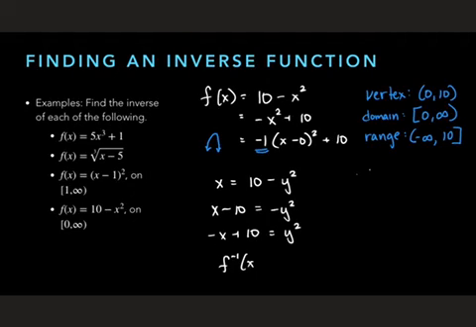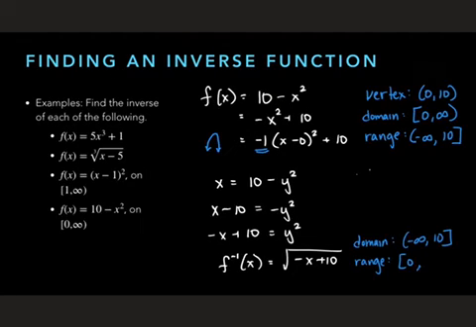So my inverse is the square root of negative x plus 10. Now, if I want to find the domain and range, don't think about it. My domain is the range of the original function, so negative infinity to 10. My range is the domain of the original function, so 0 to infinity.